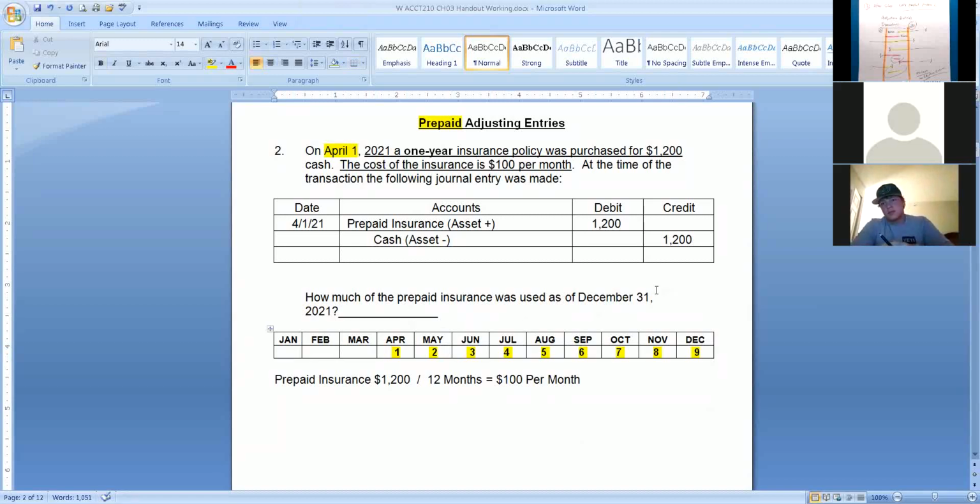So we are going to come here and say, okay, the insurance used would be the dollar amount. 9 times 100 is 900.